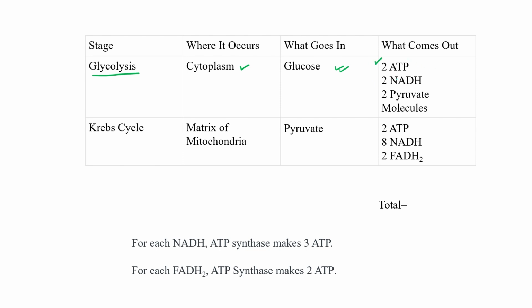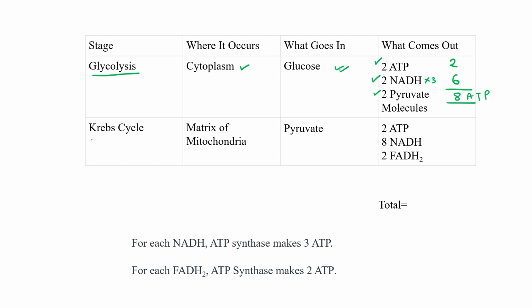Correct. 2 molecules of NADH, correct, and 2 molecules of pyruvate, correct. 2 NADH means 2 into 3. 3 molecules of ATP, just now we have discussed. So 6, right? So total amount of ATP is 8, if we count the total amount of ATP.